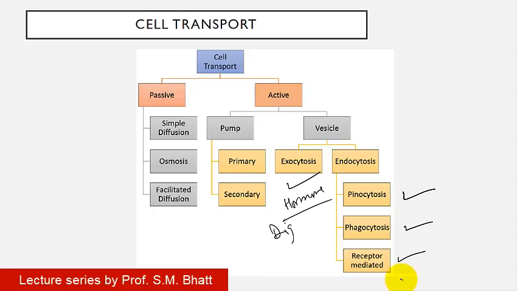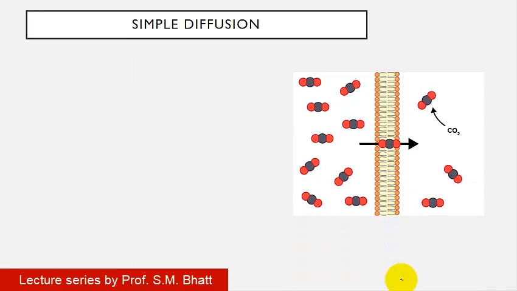Digestive enzymes are secreted by exocytosis. Already we have discussed hormones and breast milk, right? So all these are very good examples of exocytosis.